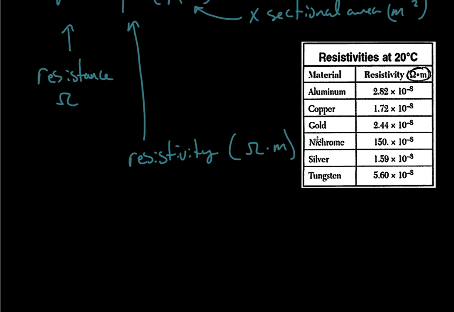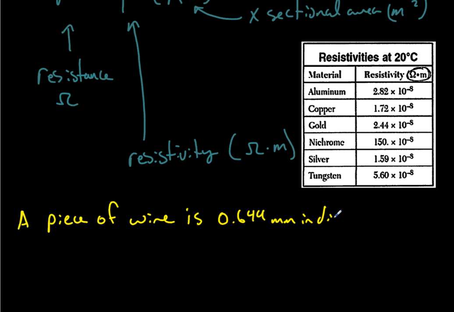So let's just do a quick example question here. Let's see if we can solve something. A piece of wire is 0.644 millimeters in diameter. What did we say that was? That was AWG 22.